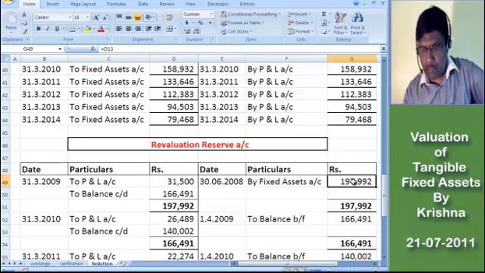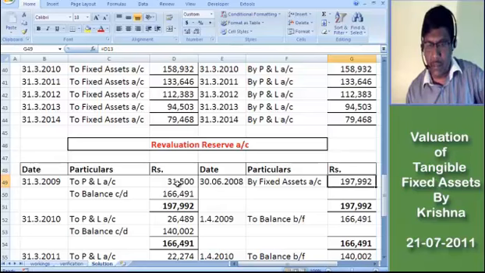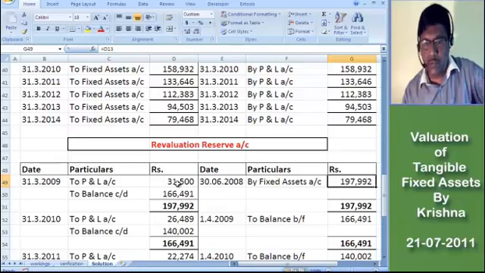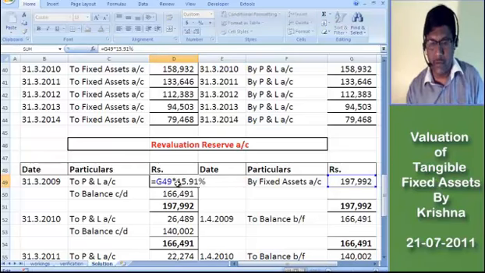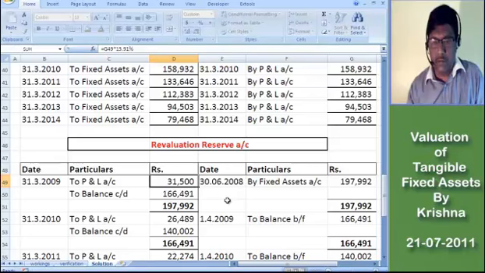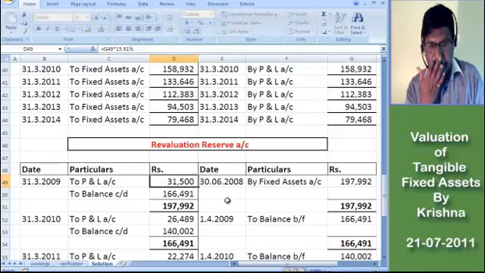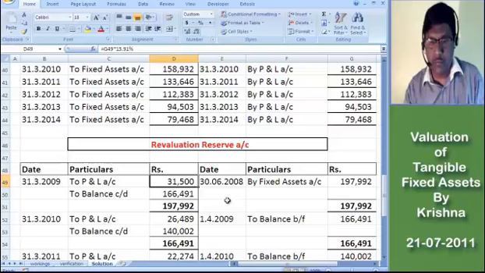So for this part, whatever depreciation we have calculated, that should be transferred to the profit and loss account. See, 1,97,992 into 15.91 percentage. It's coming around 31,500. This amount will be transferred to the profit and loss account.